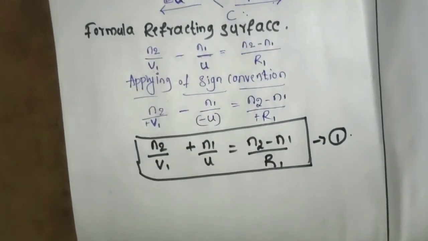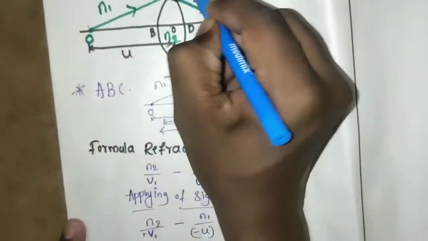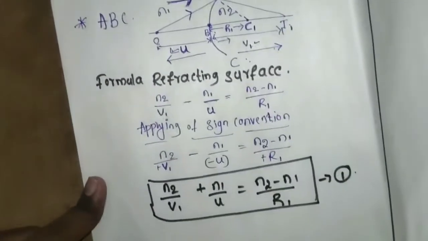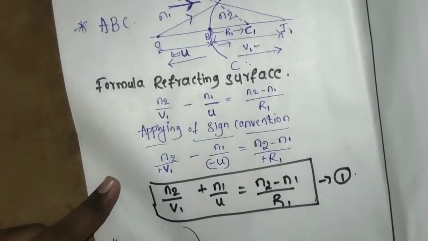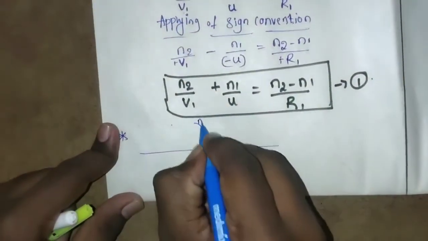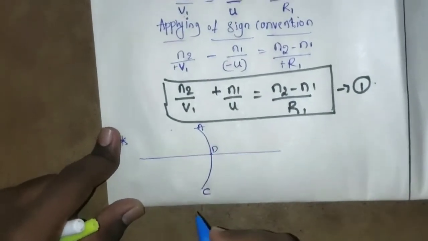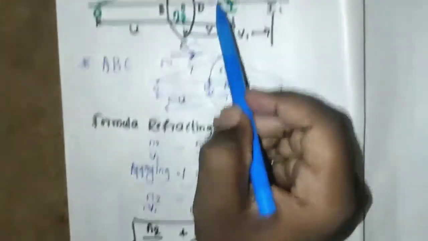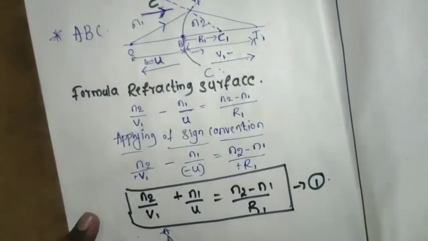Next, considering the refracting surface A, D and C. Okay, now I will consider a refracting surface, that is A, D, C. See here, this is the A, this point is D and this is C. As usual, the diagram for ADC, here see here, this is the I and I1, draw it directly.